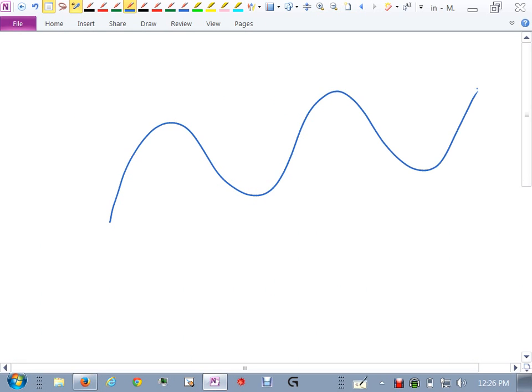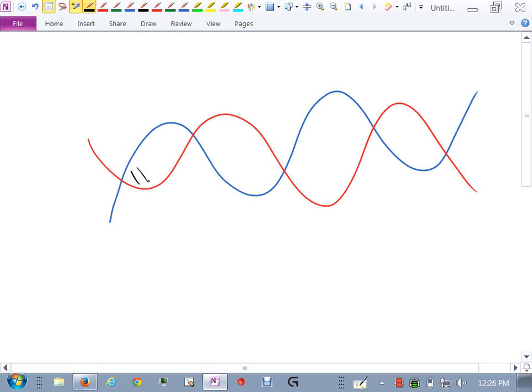Maybe I don't understand the question. You're saying if you have a graph that does this, and another graph that does something like this, and you want to find the area between them, like this? You'd have to find all these intersection points. You'd have to set up an integral for each one.